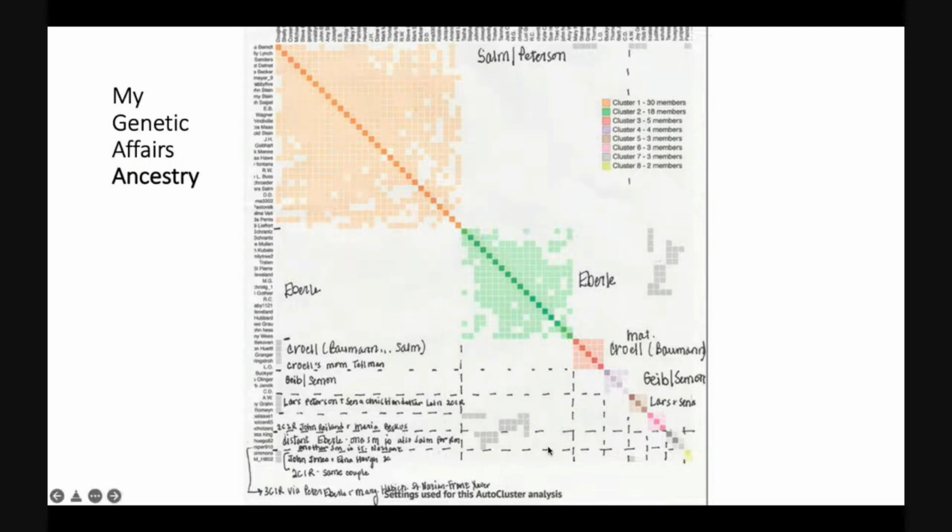My note says that this group, these gray people, I said they're distant Eberly, but one shared match is also Psalm, meaning my mom's side.